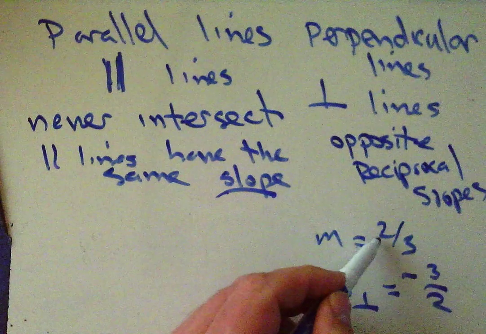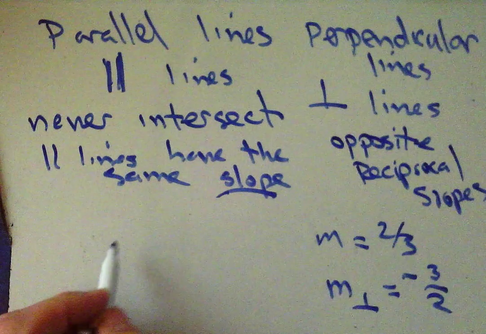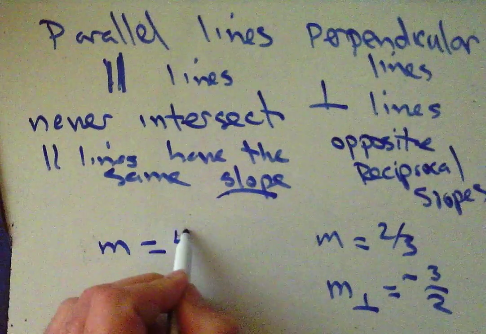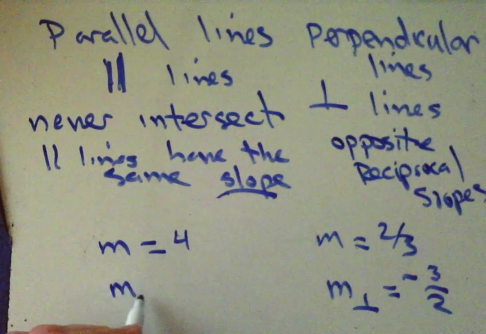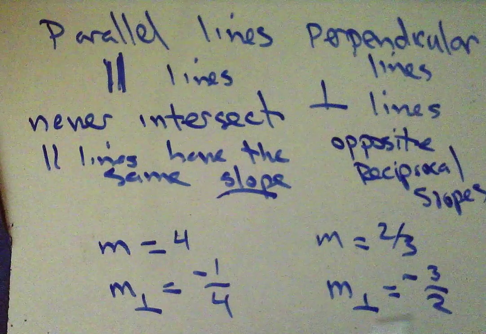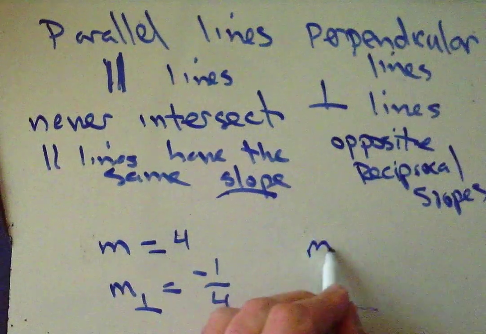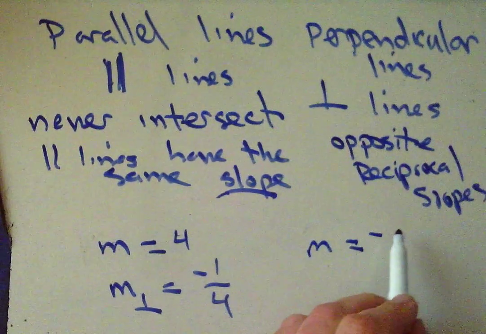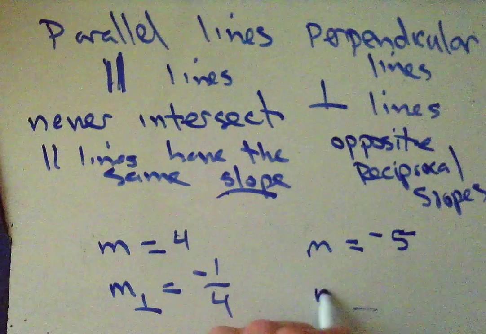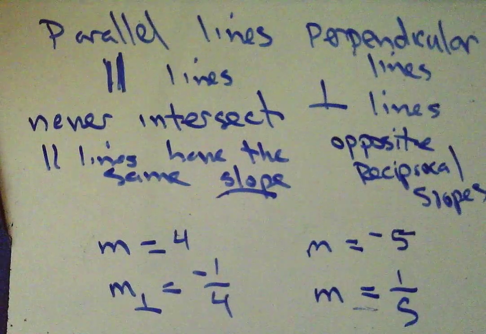So I have to change the sign and flip the fraction. So if my line is 4, then the perpendicular line would be negative 1/4. And if my line has a slope of negative 5, then the perpendicular line would be positive 1/5.